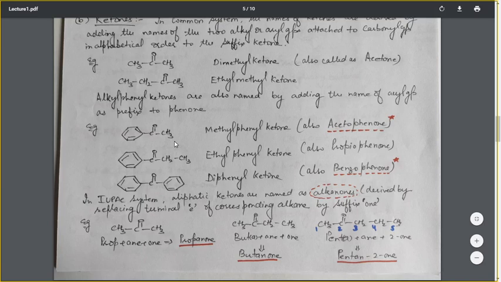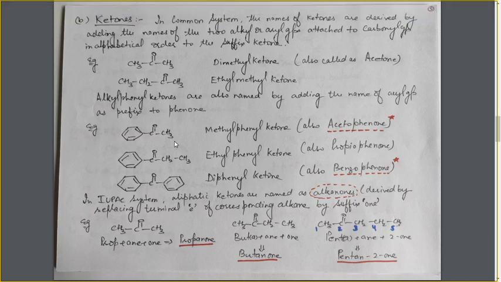So for writing the names of these ketones, they are named by placing the two alkyl groups present on this carbonyl group in alphabetical order before the suffix ketone.